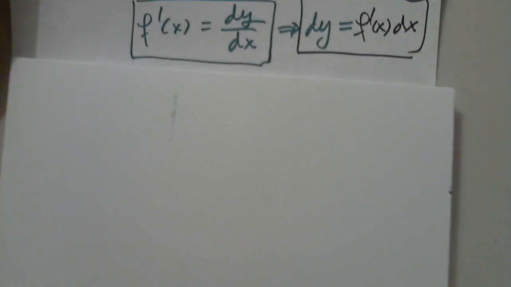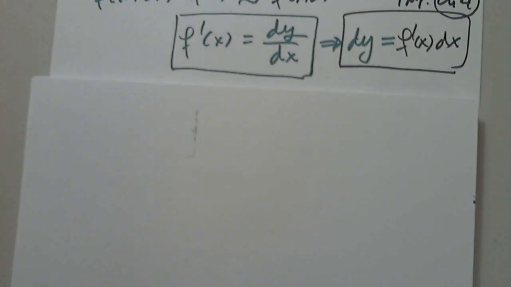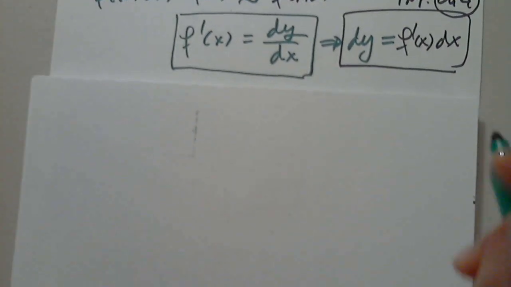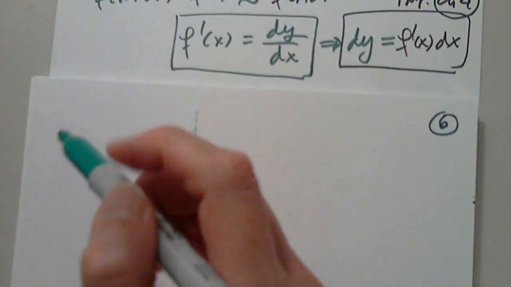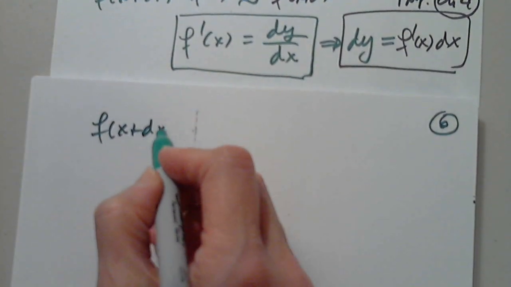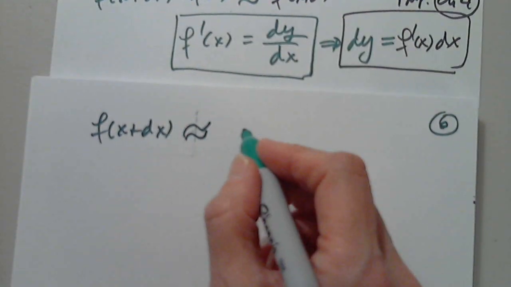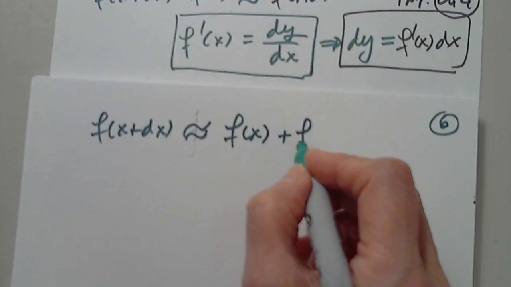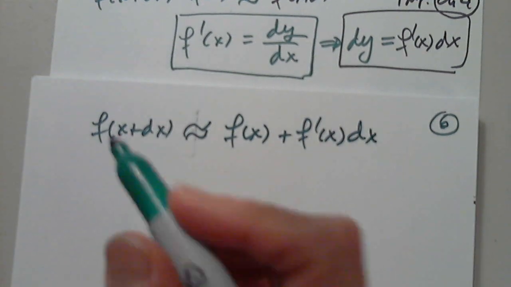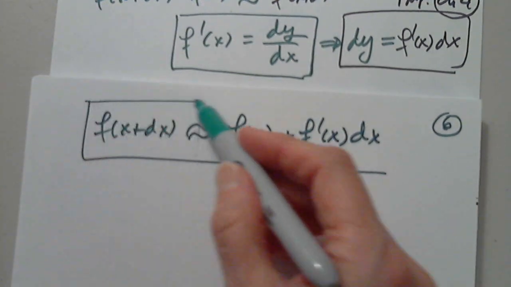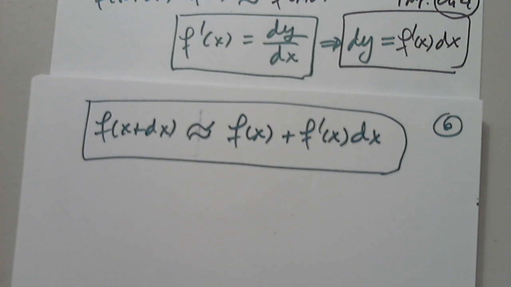Why do we do all this? So f of x plus dx, when I move this to the other side, I change its sign, is approximately f of x plus f prime of x dx. Very important. And I'll show you examples and you'll understand what's going on.